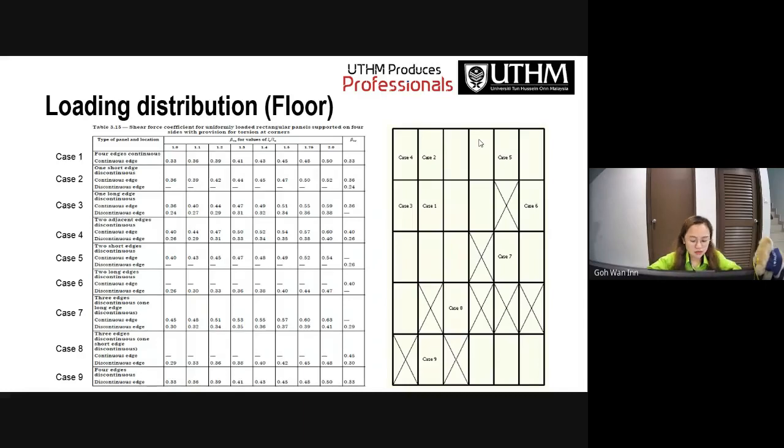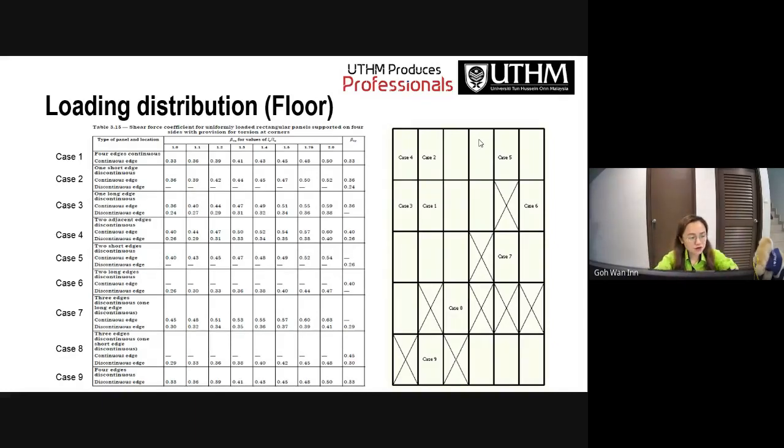Find this first so it is easier for you to check. You will use this a lot every time you need to check. For those without your hard copy, you can go to the soft copy.